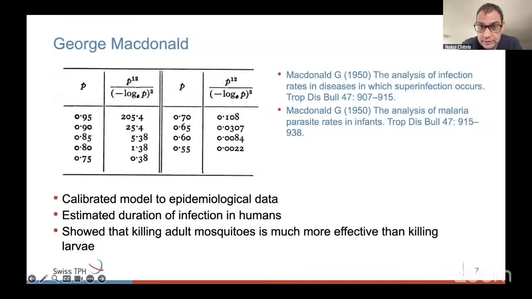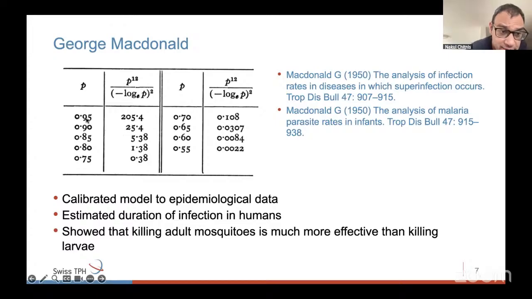If I go back to the slide I was sharing, you can see what George McDonald showed here. This is the daily survival probability of a mosquito, and that's how many bites you expect to have.